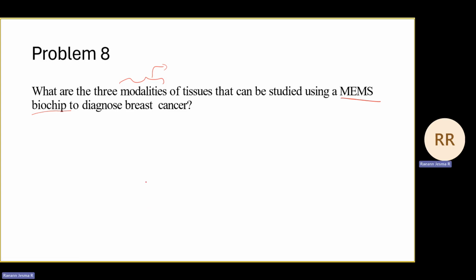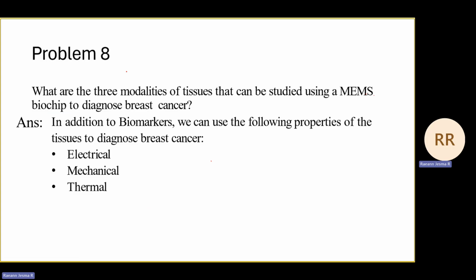Okay. So the answer is, in addition to biomarkers, we can use the following three properties to diagnose breast cancer. One is electrical, the second one is mechanical, and the third is thermal. In electrical, we can place the cancerous tissue between two electrodes, apply some voltage, and when current flows through the tissue, we can measure a different electrical property, which is the impedance.